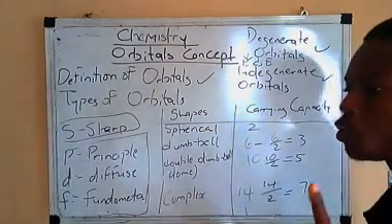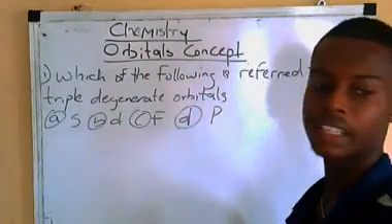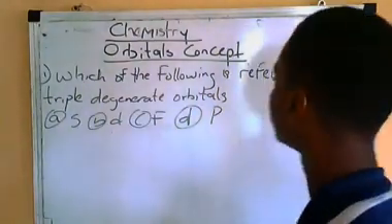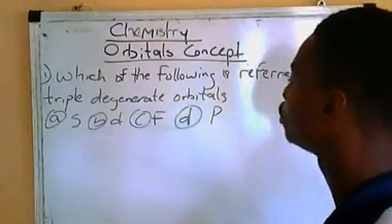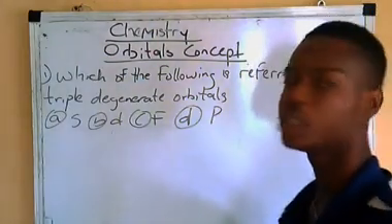Let me use one example to explain it. Which of the following is referred to as a triple degenerate orbital?